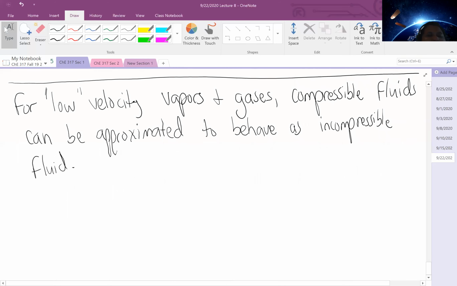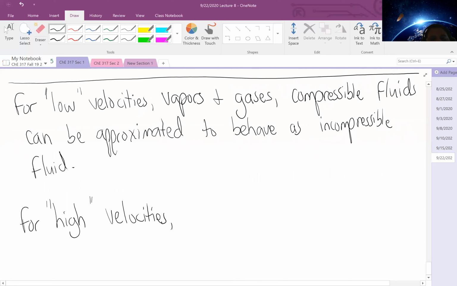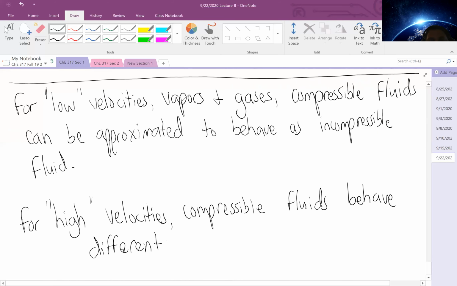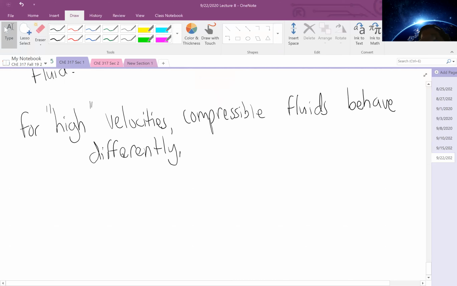However, when you get to higher velocities, and air quotes here again, "compressible fluids," they behave quite differently, and new expressions must be developed and considered.